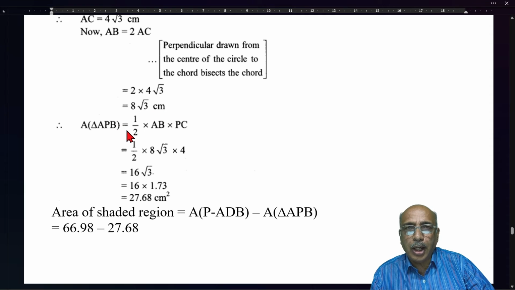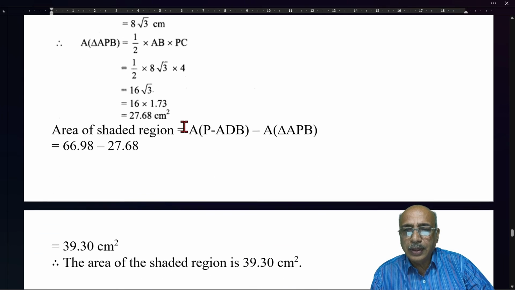Area of triangle APB equals 1 by 2 into AB into PC equals 1 by 2 into 8 root 3 into 4, 16 root 3. Put the value of root 3 as 1.73, multiply by 16, you will get 27.68 centimeter square, the area of triangle APB.